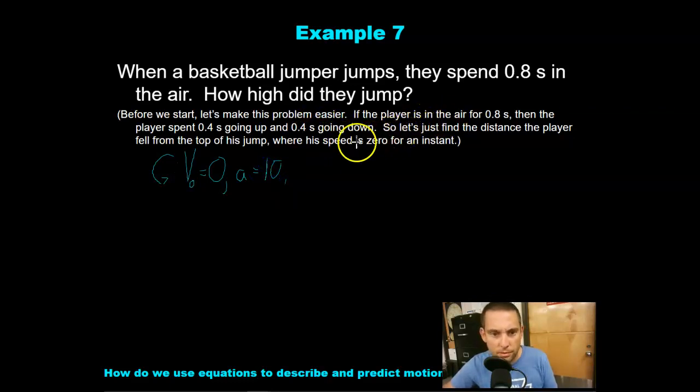We're looking for the distance. Well, we also know the time that he spends in the air. Time is 0.4 seconds. I just said that. There we go. All right, the unknown here, it says, how high did they jump?